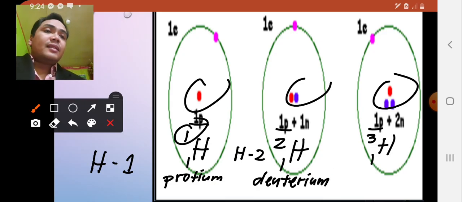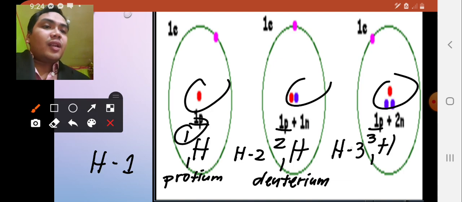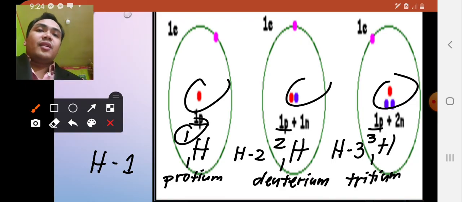And then the last, we have a hydrogen atom with a mass number of 3, or hydrogen 3, and it is known as tritium. So these are some of the examples of the isotopes for hydrogen. Hydrogen 1, protium; hydrogen 2 is deuterium; and hydrogen 3 is known as tritium.